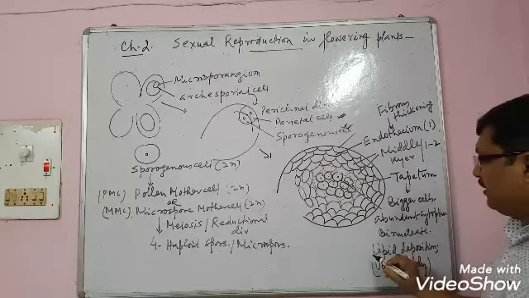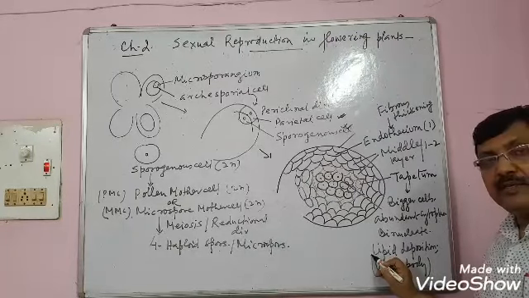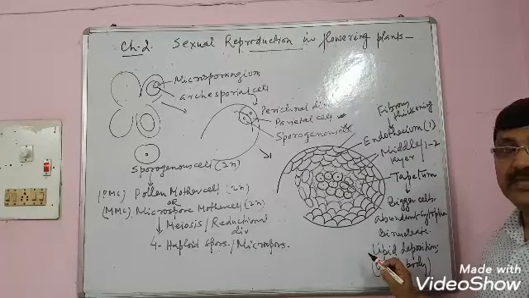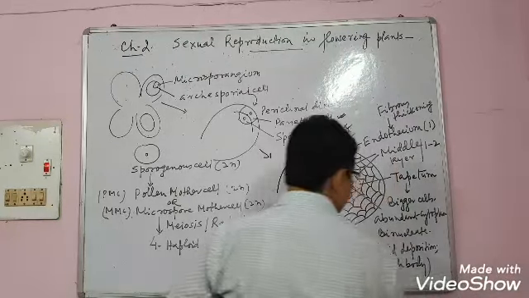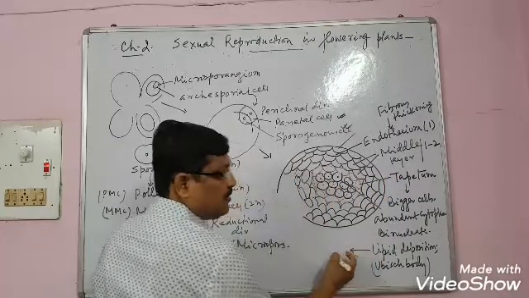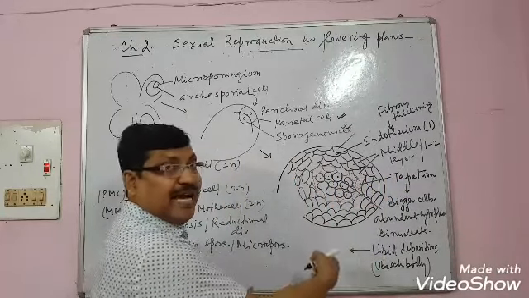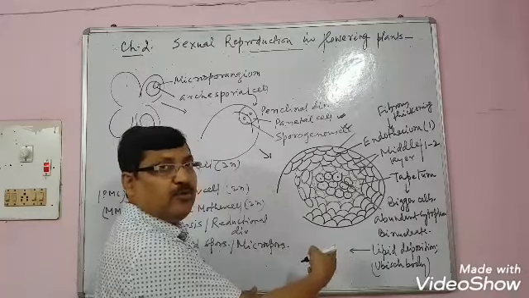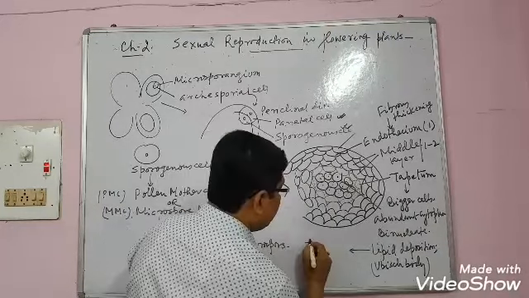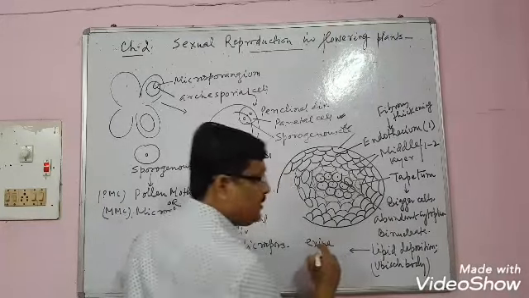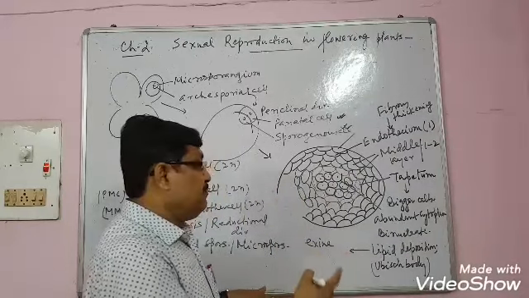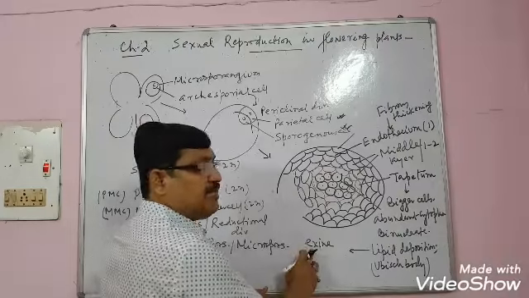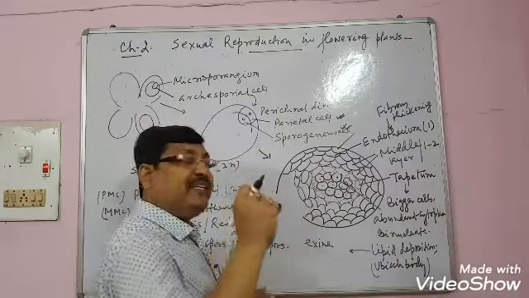And this lipid deposition has a very prominent role in the formation of exine. That is the outermost layer of the pollen grain, because this is composed of sporopollenin.